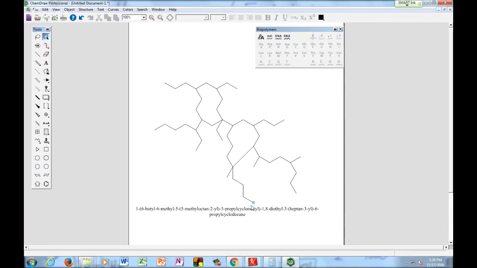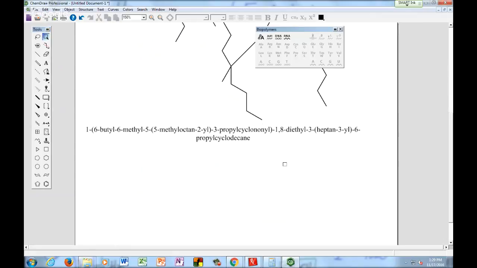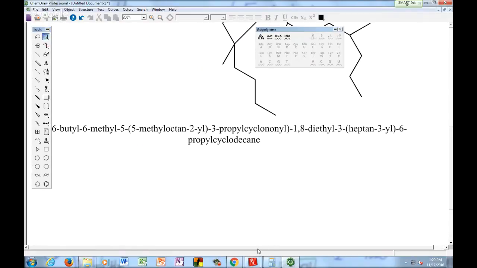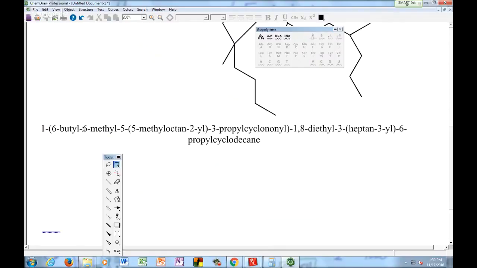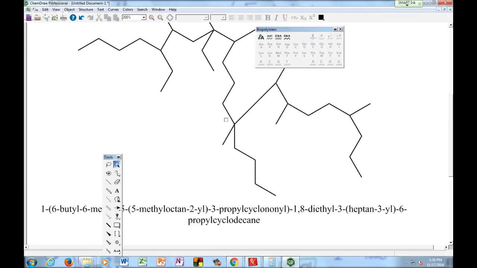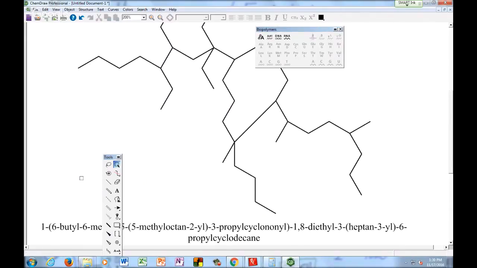And because the rules are set up in there, it can come up with a name. It's kind of a crazy name. I mean, it's just a long name. There's nothing wrong with it. It kind of looks like the stuff that we've been naming, right? With some different words because of how long it is. But it's the same idea. You follow these rules and you can name anything. And I think we can even update the structure and have it change the name.